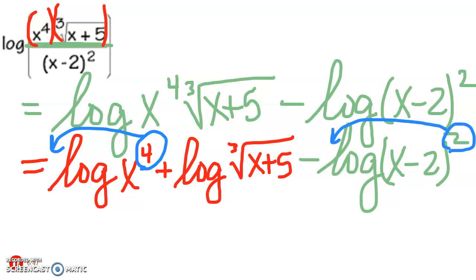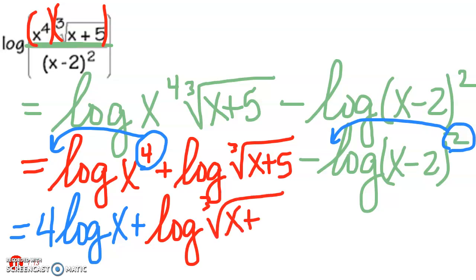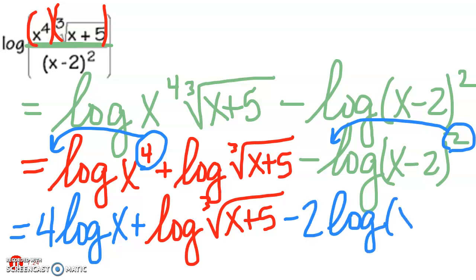So, this becomes 4 log x plus, let's just leave this for a minute the way it is, so log cube root x plus 5 minus 2 log x minus 2.